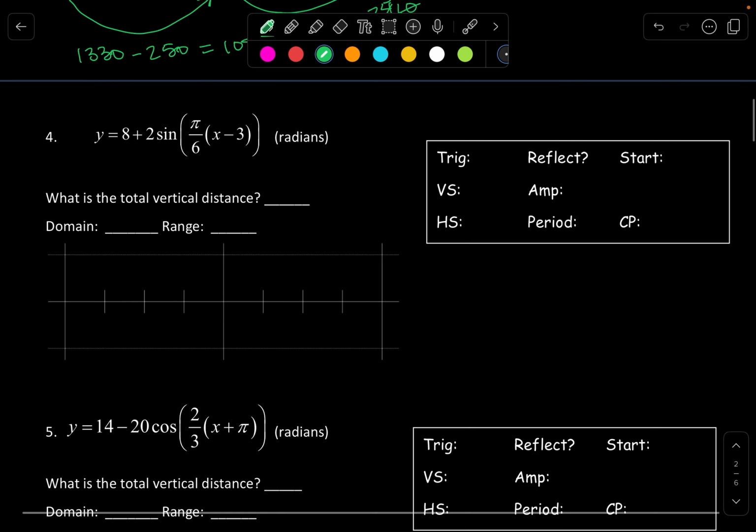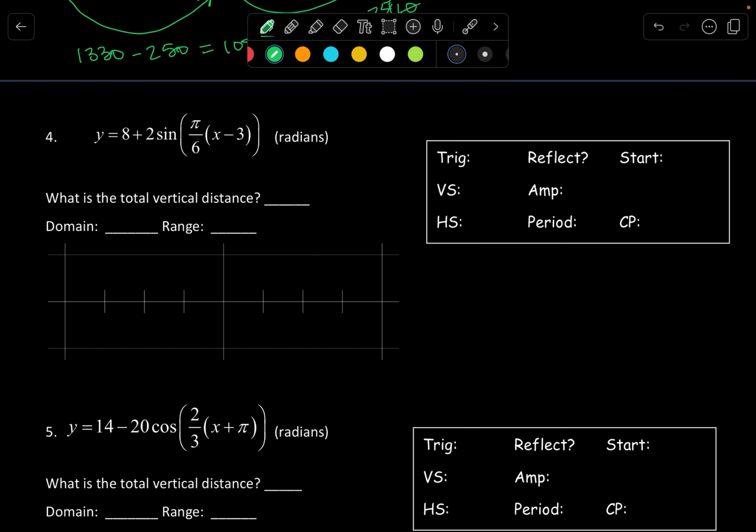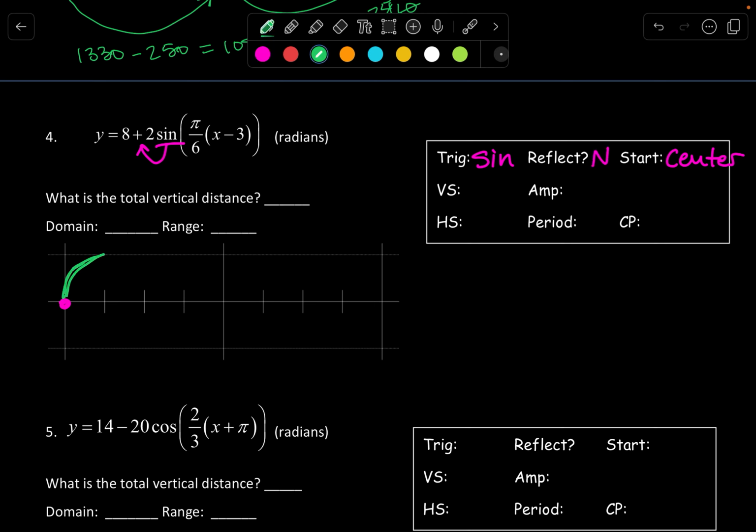For question number 4, we have a sine function. Since it's sine, I already know it's going to start in the center. I'm going to look at the sign in front of the A value, and it's positive. So this has not been reflected, which means my graph is going to start up.